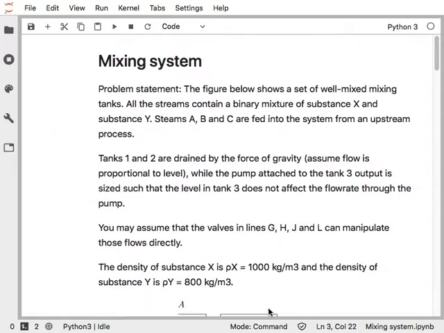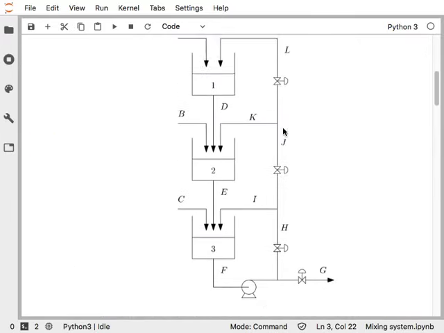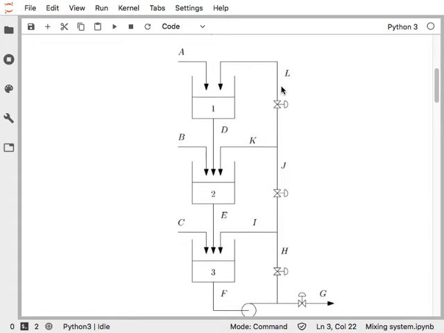Right, we said that H, G, J, and L are just going to stay at their steady state values, which also implies that K and I are going to stay at their steady state values. And so the only things that are actually going to change are going to be D and E. So that makes sense. We've just calculated new values for D and E, so we now are able to calculate the mass balance derivatives. Is that cool?